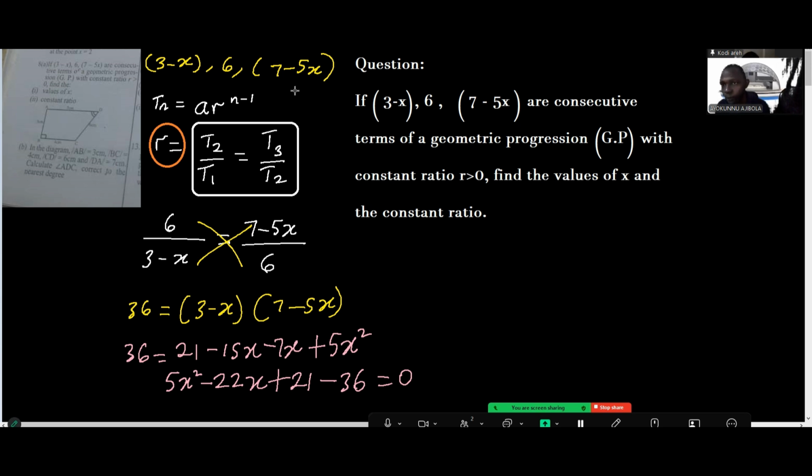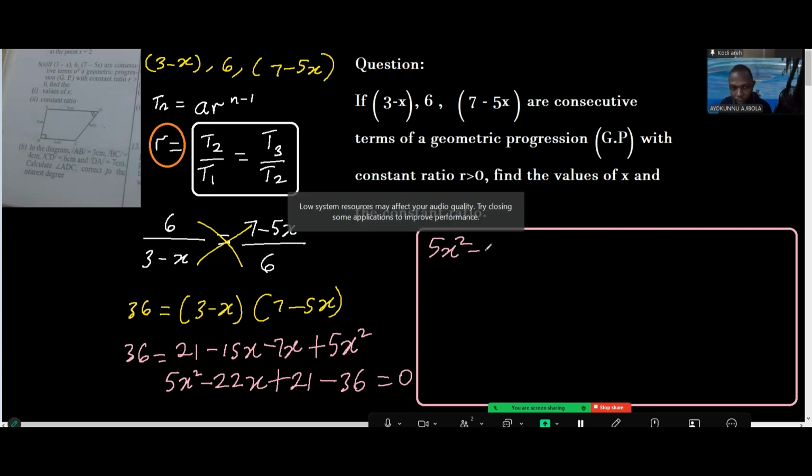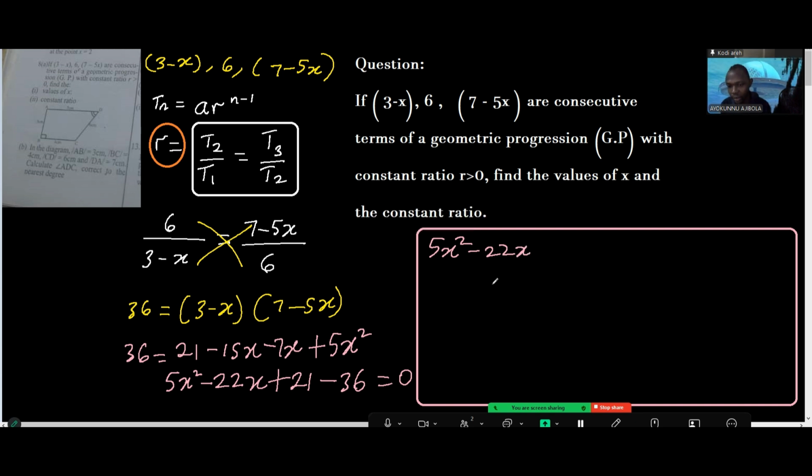Now, let's go over there and see. So I have 5x squared minus 22x. What is 21 minus 36? Minus 15. I think that was the question I was asking you before, right?